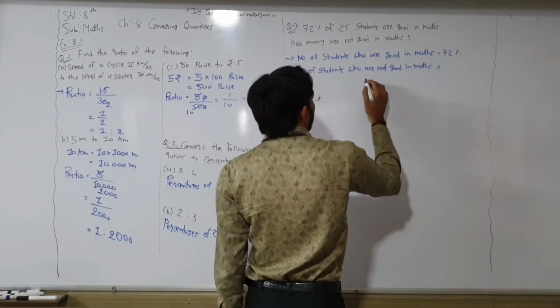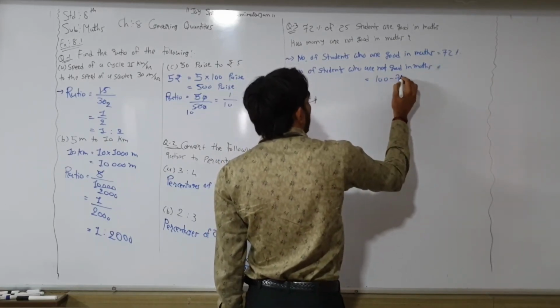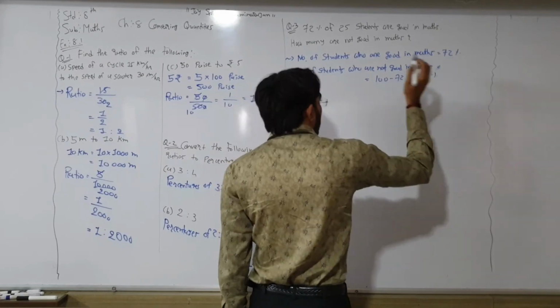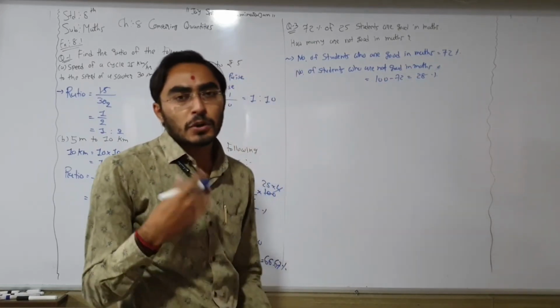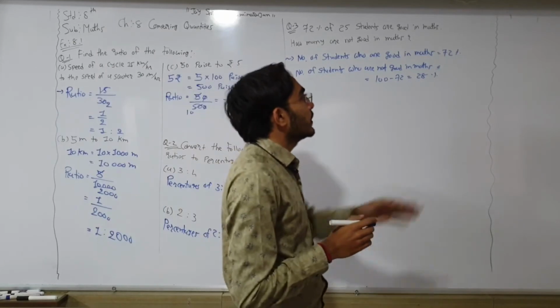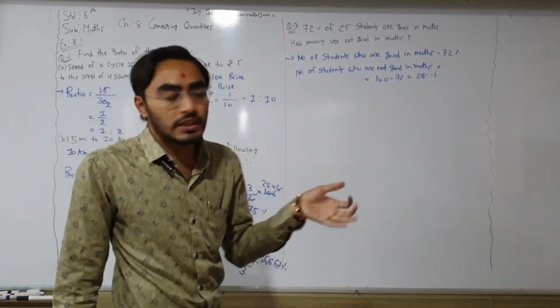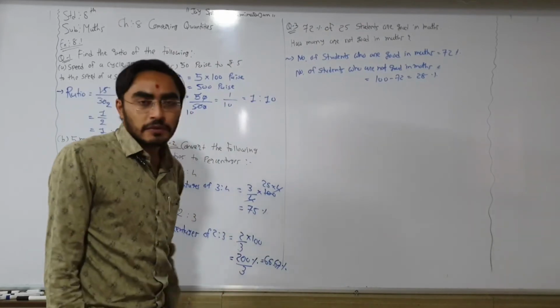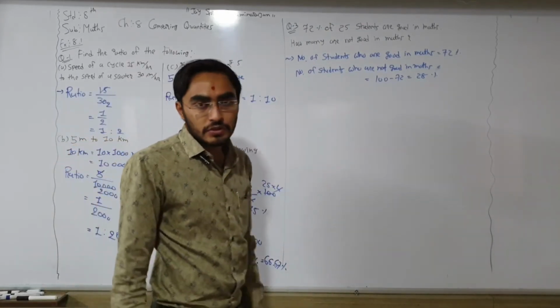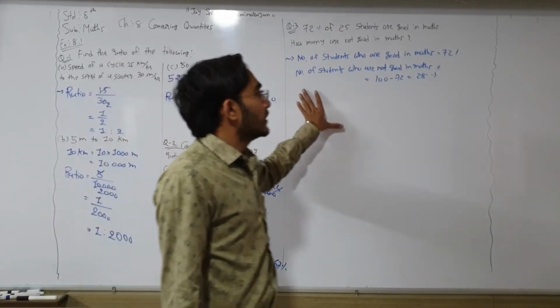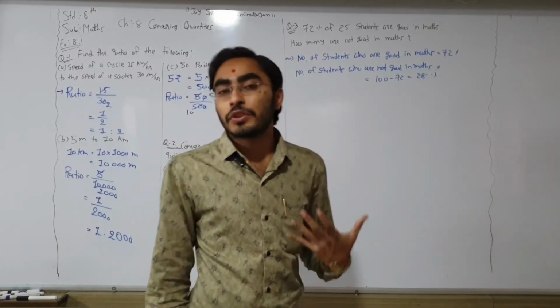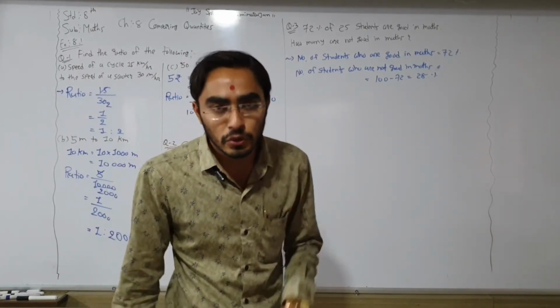We need to subtract this 72 from 100. So 100 minus 72, 28 percentage. Total percentage 100 होते हैं, उसमें से 72 मैथ्स में अच्छे हैं, तो बाकी के 28 जो है वो अच्छे नहीं है. So here we get the answer in percentage. That means 28 percentage students are not good in maths.